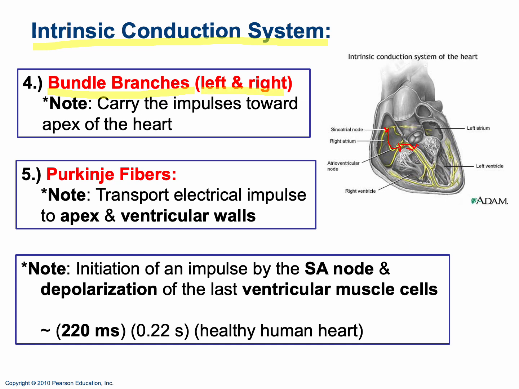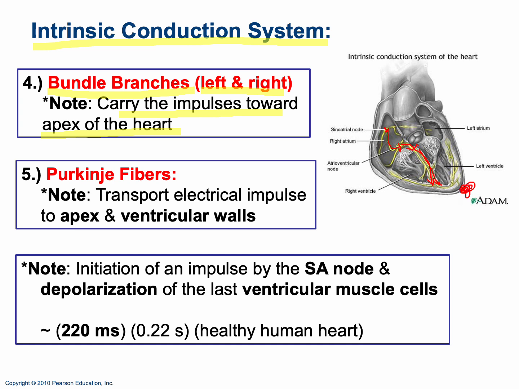So there's a right and a left for the bundle branches, and they carry impulses ultimately towards the apex of the heart. These bundle branches run through the interventricular septum wall. So on this image, it would be right here and right here, the bundle branches. So ultimately going towards the apex of the heart would be over here.